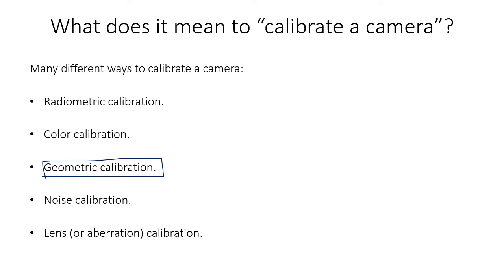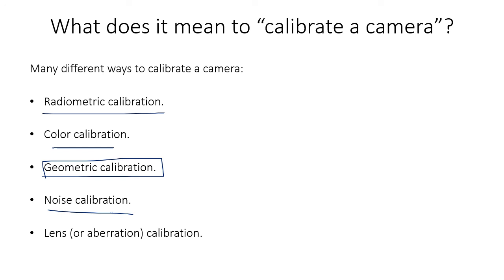And we learned radiometric calibration, color calibration, and noise calibration partially in the camera imaging pipeline lecture. When you want to know more details, let me know. When you send an email, I will give you good references to understand radiometric calibration, color calibration, and noise calibration.